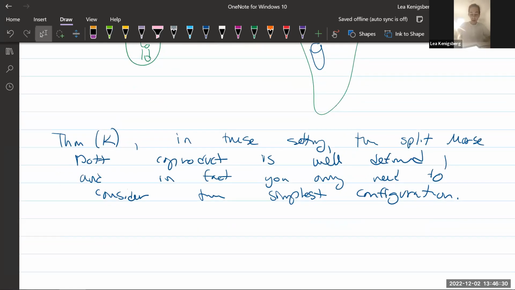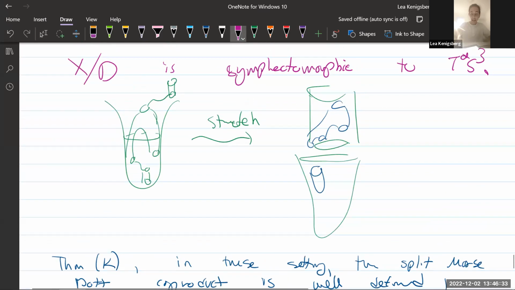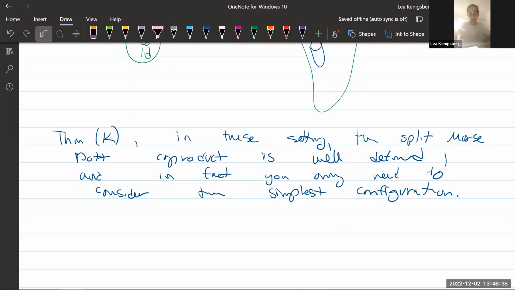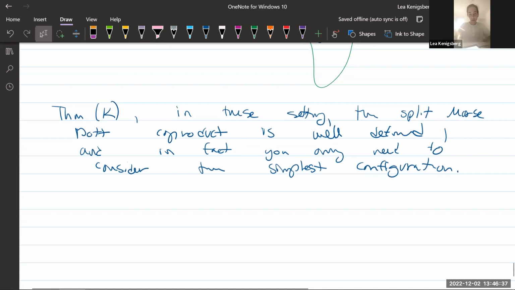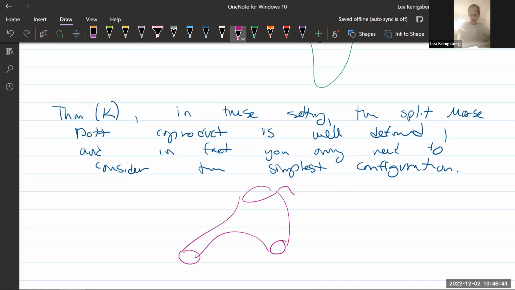So you don't have any complicated buildings, you don't need to consider augmentation planes. You only need to look at curves like this. Again, these are flow lines in Y, and this is in R cross Y.